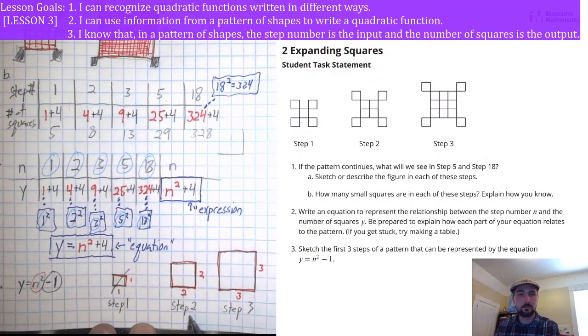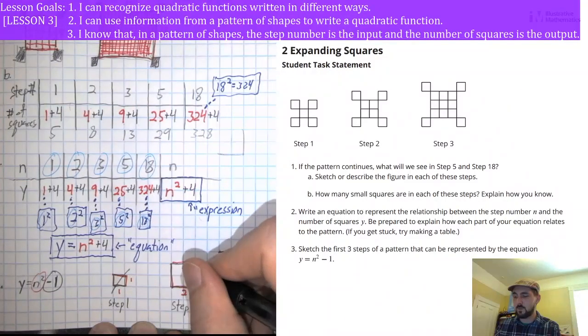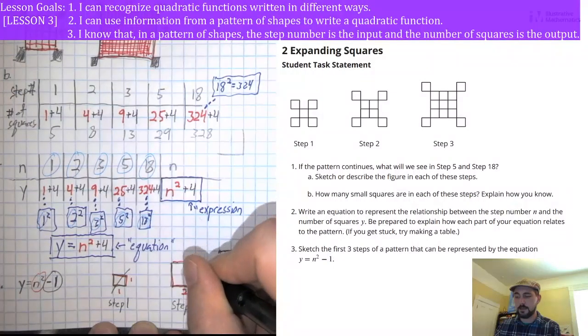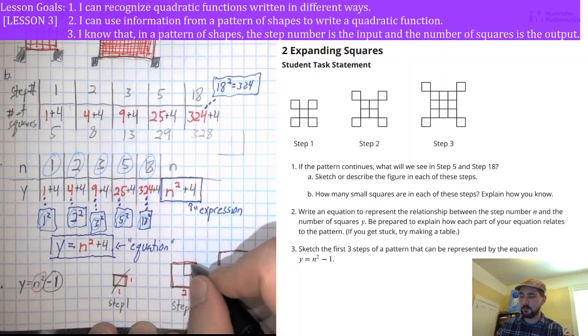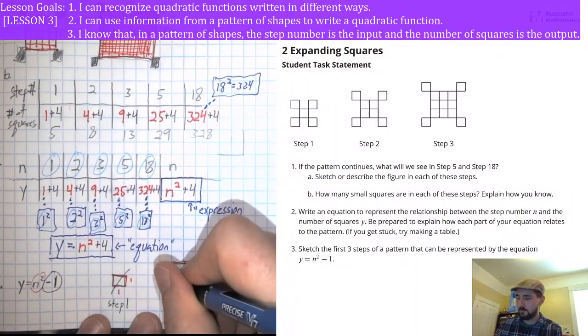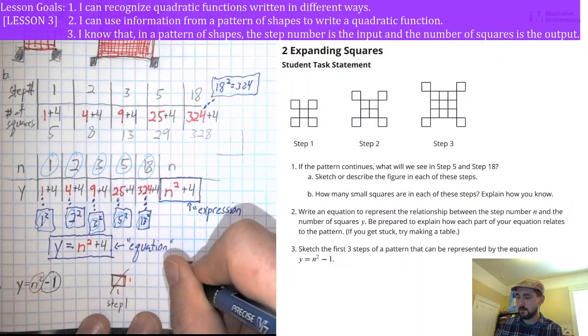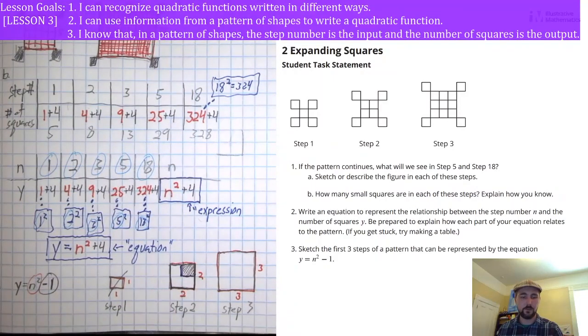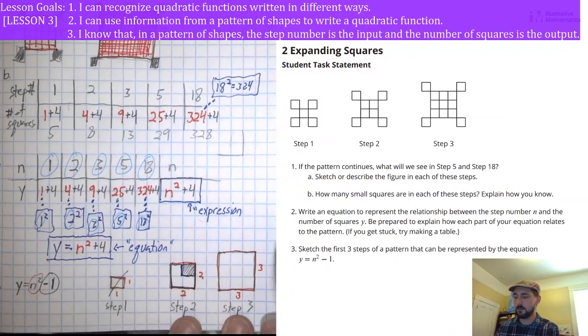Step 2 would be a 2 by 2 square, but you'd have to take 1 away. So I can take this square and just like remove it, pretend it's not there. So the actual shape is just like the L here. A 3 by 3 shape, same thing.